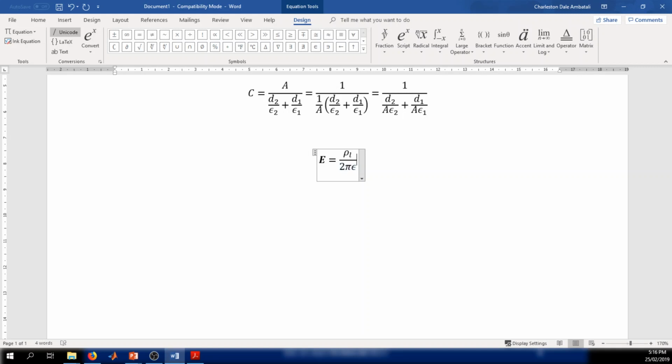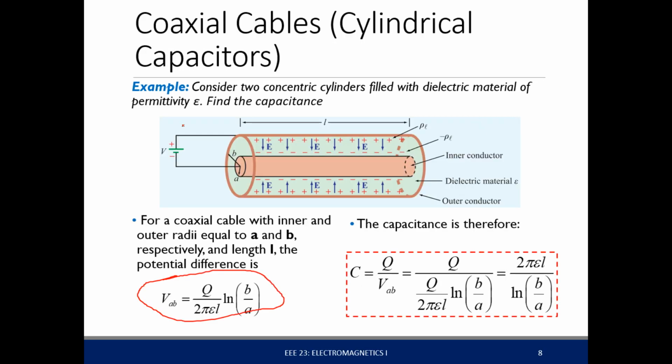So 2 pi epsilon times rho, and we have rho as a direction right here. This is the electric field in the region between your inner conductor and your outer conductor. So that region here.